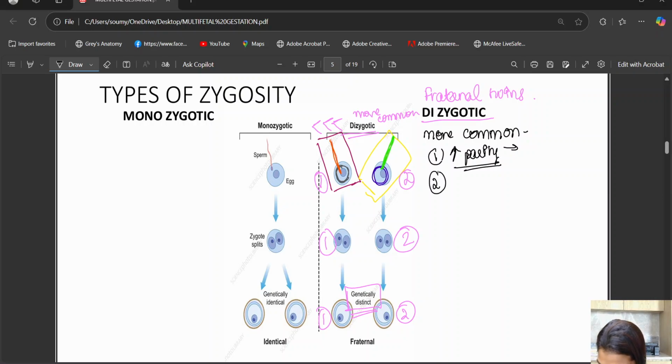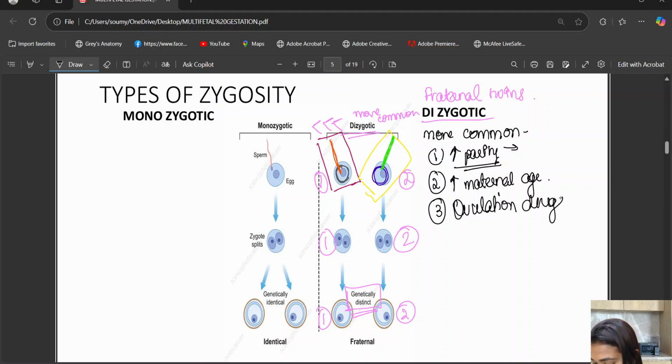That is one. The second is increased maternal age. As the age of the mother increases, the propensity to have these dizygotic twins will also increase. Third, a very important one, is any ovulation induction drugs that are used, or IVF pregnancies.